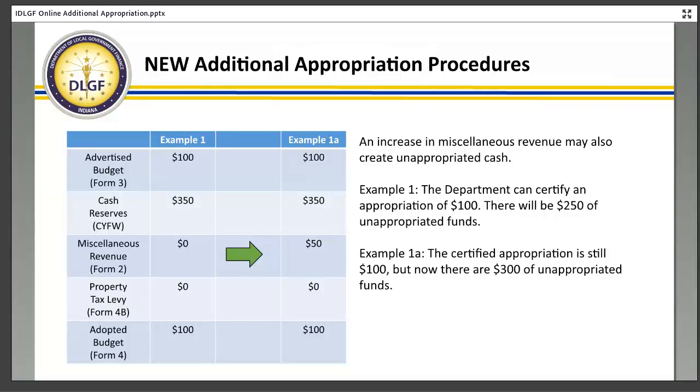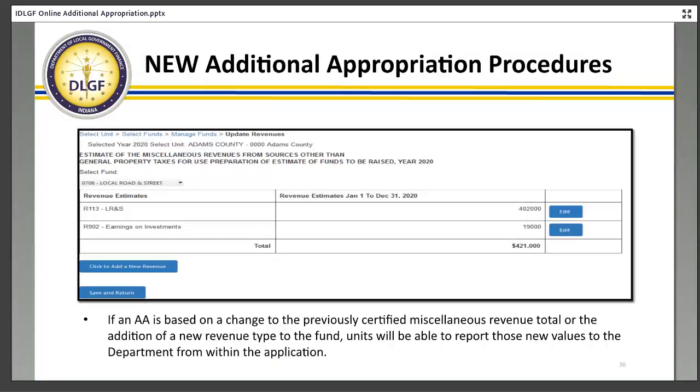The unit is now aware that they still have their certified appropriation of $100. In Gateway, in the reports that we've created, we have correctly identified that the miscellaneous revenue total is 0, but now there's an additional $50, or there's now a total of $300 unappropriated dollars available to the unit. The application is designed to allow units to change those miscellaneous revenue numbers.